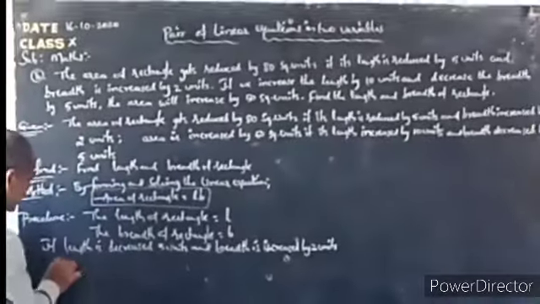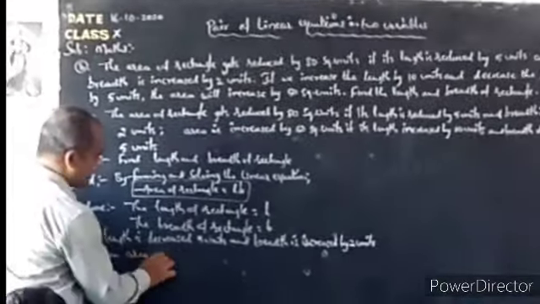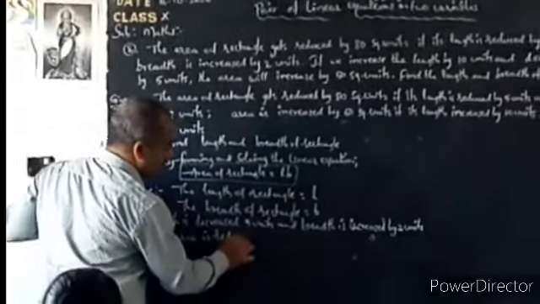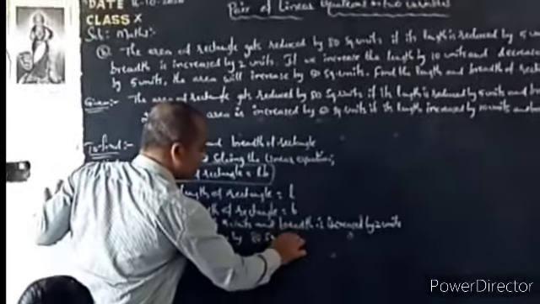Then the area is reduced by how much? 80 square units.